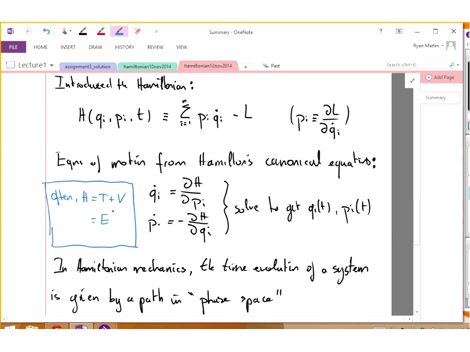Okay. That's not the definition of the Hamiltonian. The definition of the Hamiltonian is the thing above there with the Legendre transform. However, in most cases, when the potential doesn't depend on the velocities explicitly, the Hamiltonian is equal to T plus V.